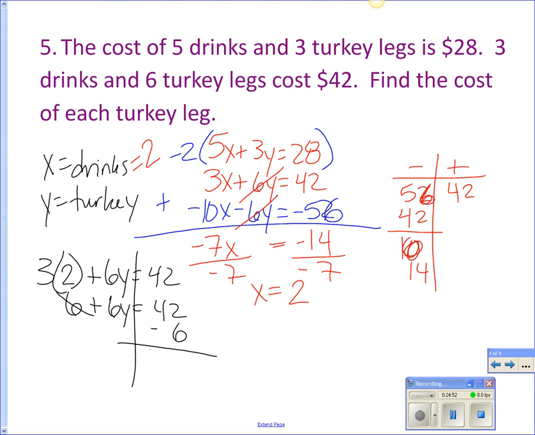All right, so that gives me 36. And Tamara, what do you do last? Tamara, how many times? Very good. So the cost of a turkey leg is $6. All right, try your own.